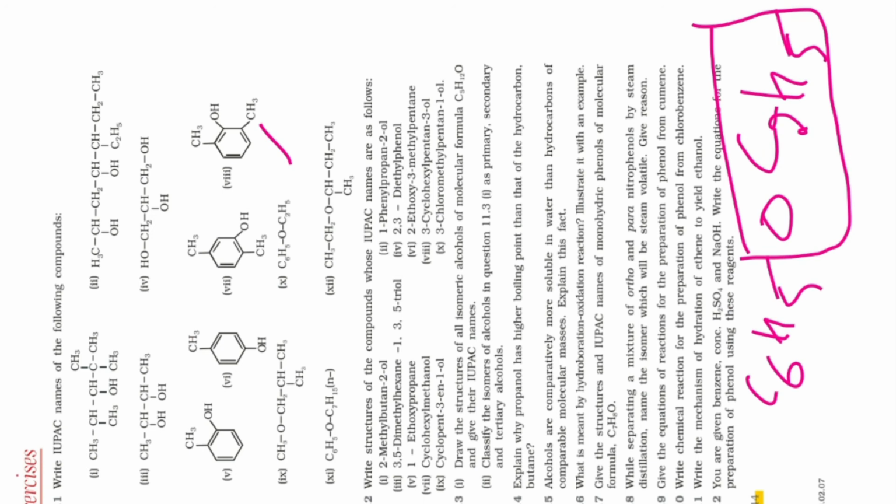This is called ethoxy. So its name will be ethoxybenzene. Once again, I am repeating, its name will be ethoxybenzene. Why ethoxybenzene? Because this is the smaller one and this is the larger one. Clear?